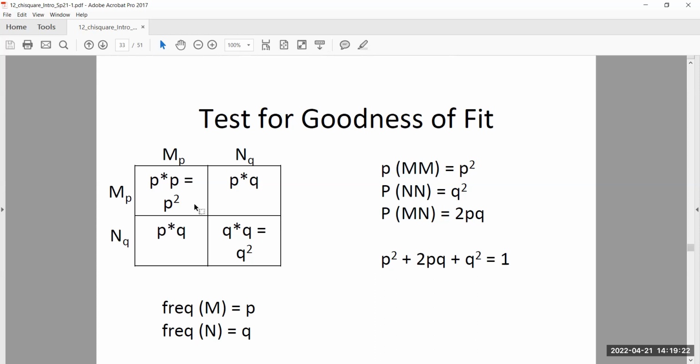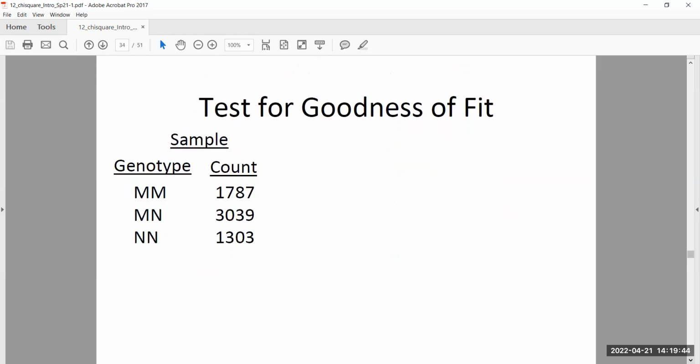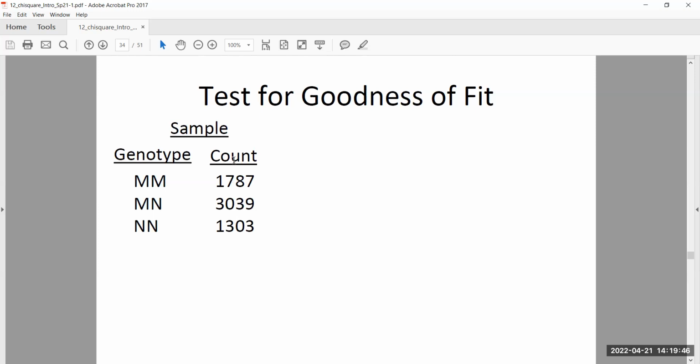So we are going to find the frequency of the big M allele, and then we're going to find the probability of offspring of the three different genotypes. And then we're going to convert that to a count. And then we're going to compare the observed count of individuals to the expected count of individuals using our chi-squared test. So here's an example.